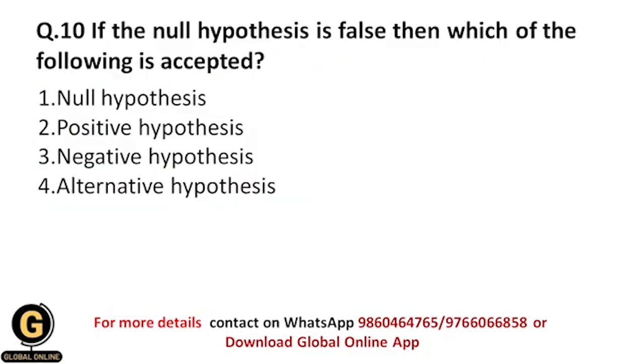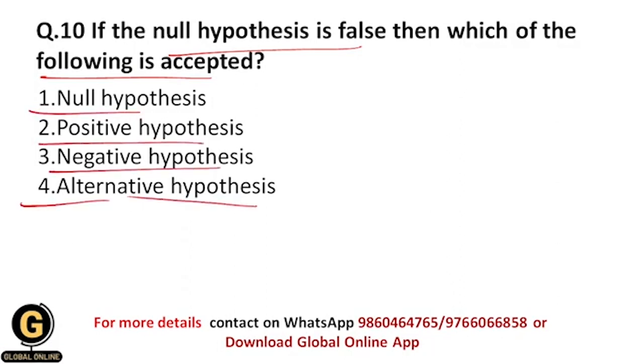Okay. Next is, if the null hypothesis is false, then which of the following is accepted? This is the easiest question, students. Whenever we reject the null hypothesis because it is false, then what type of hypothesis are we going to accept? Whether it is the null hypothesis, positive hypothesis, negative hypothesis, or alternative hypothesis.